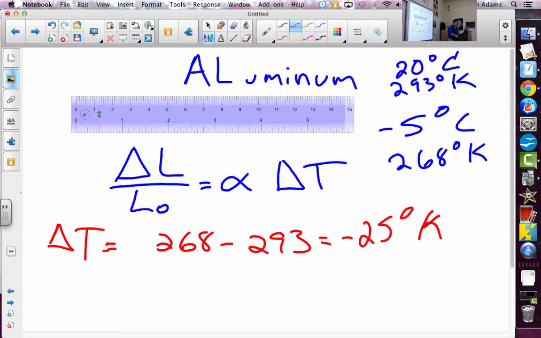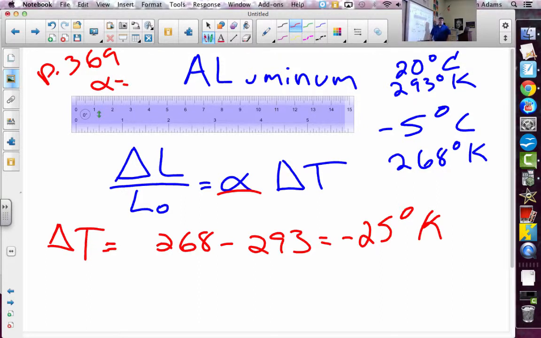Alright, so what else do we need? Well, that's what we're going to calculate, but before I can calculate the length, don't I need to know the coefficient of aluminum? So in your textbook, and this should be in your notes if you wrote it down, but I said you don't need to write it down because it's in your book, on page 369 you can find the alpha for aluminum.